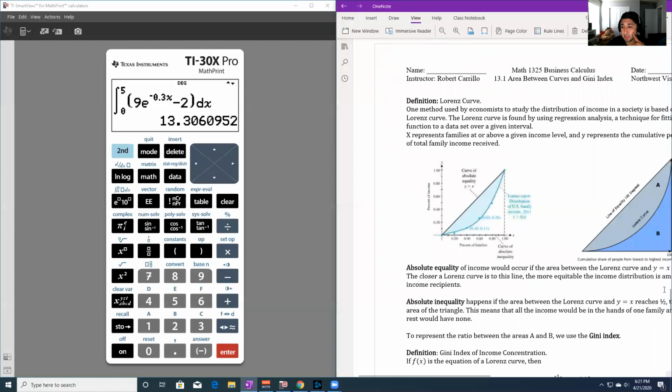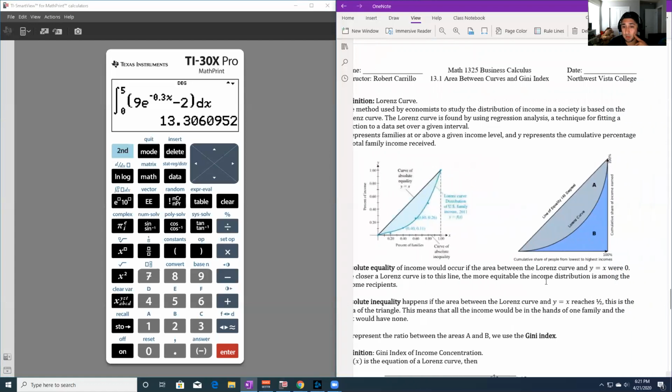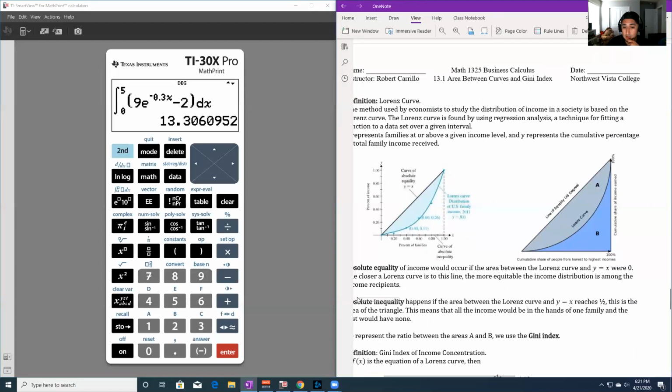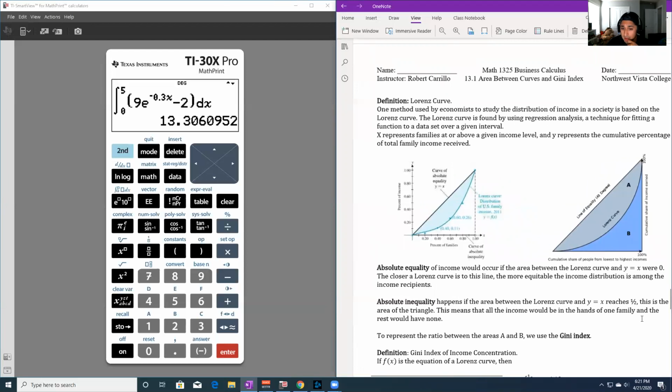So you see these graphs down here. Absolute equality of income would occur if the area between the Lorenz curve and the line y equals x were 0. The closer a Lorenz curve is to this line, the more equitable the income distribution is among the income recipients.